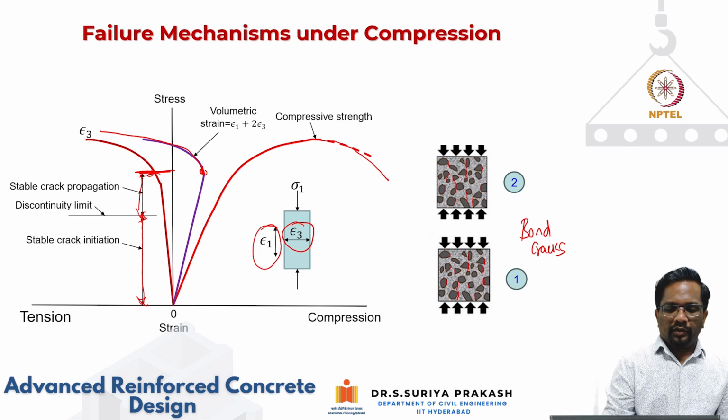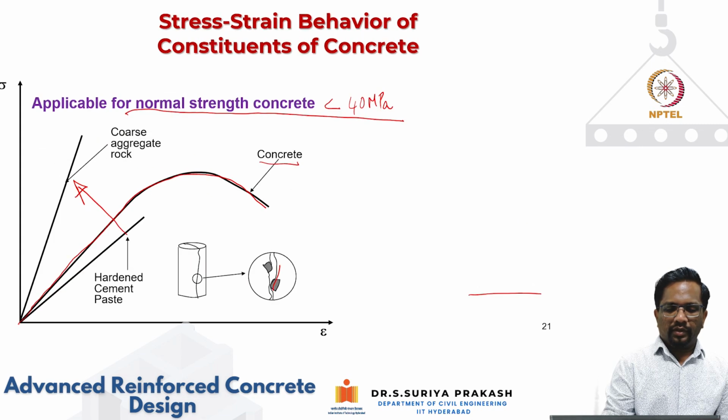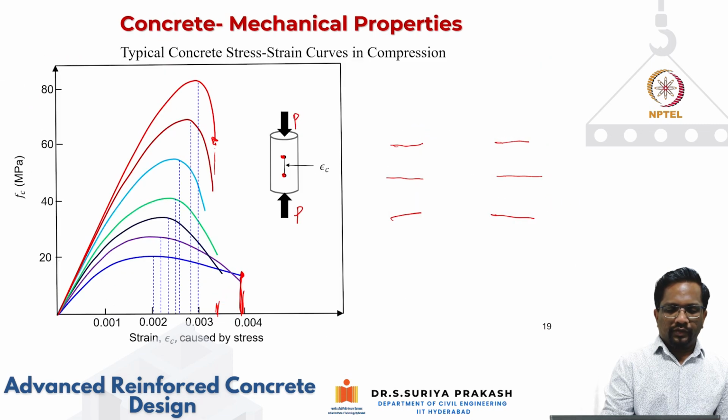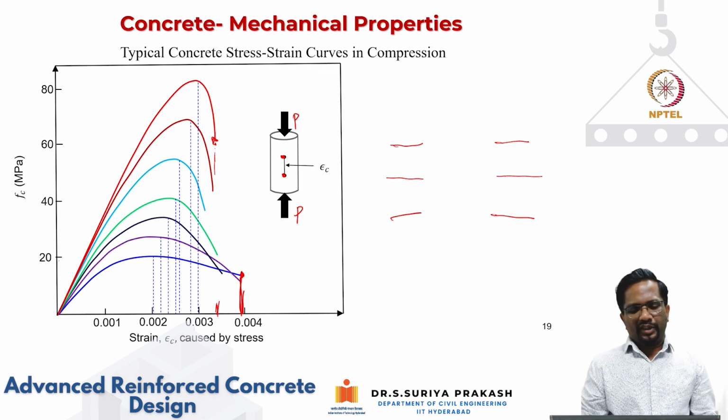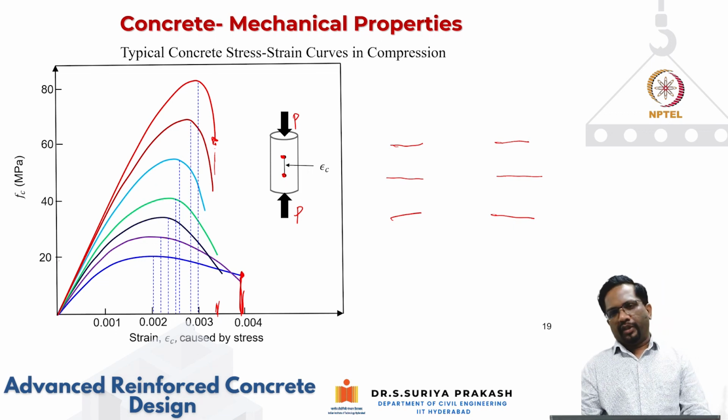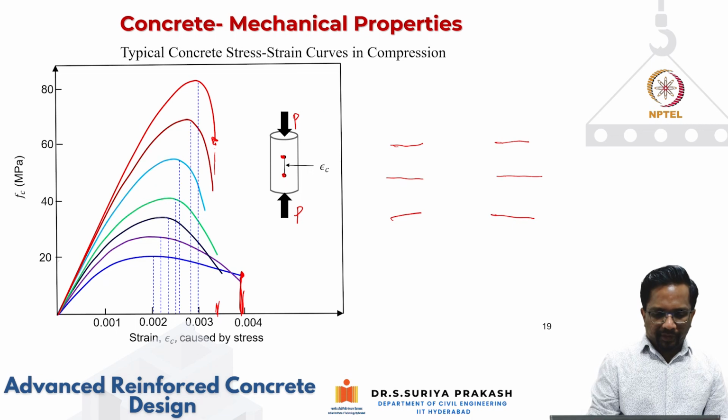If you go back to the previous slides and see, the peak strain increases, but it doesn't change much up to 55 megapascal. So the code says you take epsilon prime C as a constant value of 0.002 for simplicity.